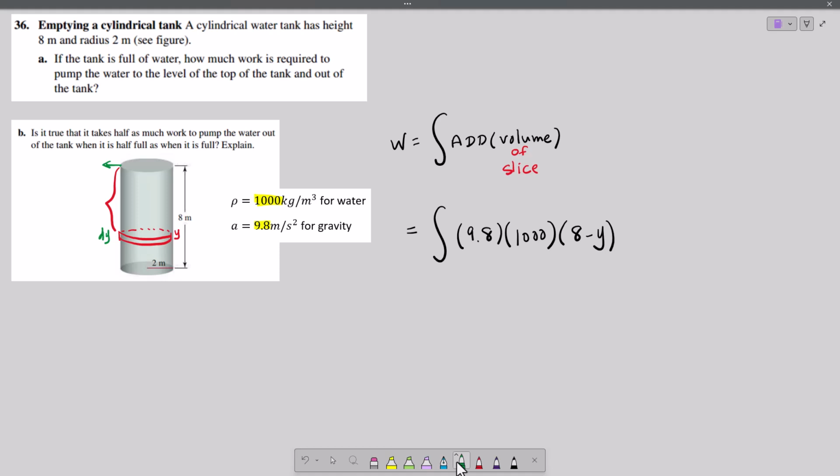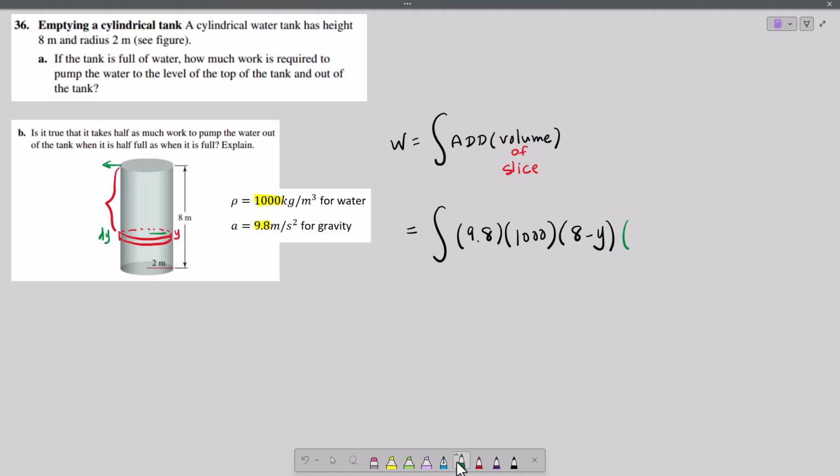This has a constant radius of 2, so that's easier than a variable radius. What's the area of that cross section if the radius is 2? Pi r squared, so 4 pi.